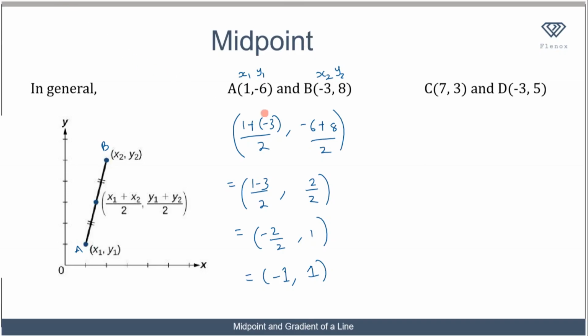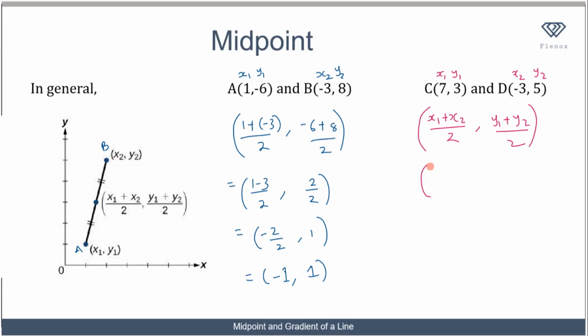So let's look at another example. Here we are told to find the midpoint between C and D, and we're given the coordinates of point C and point D. So what we do, we label here as x1 and here as y1, and we label here as x2 and y2. So the formula for the midpoint says x1 plus x2 over 2 comma y1 plus y2 over 2. And what does that become?